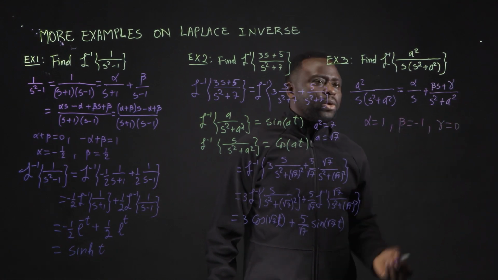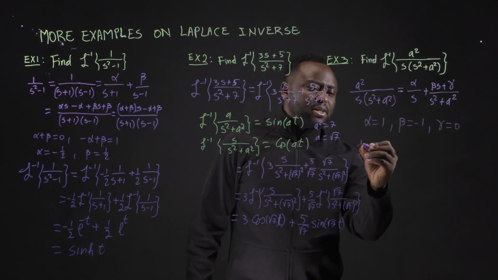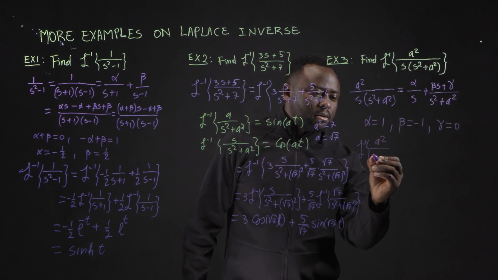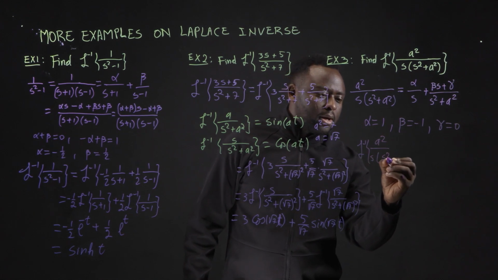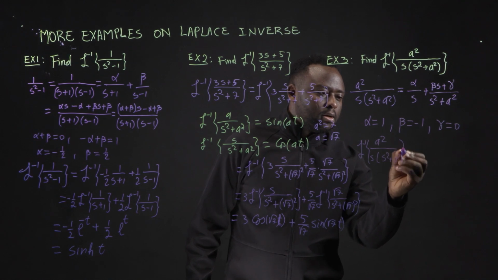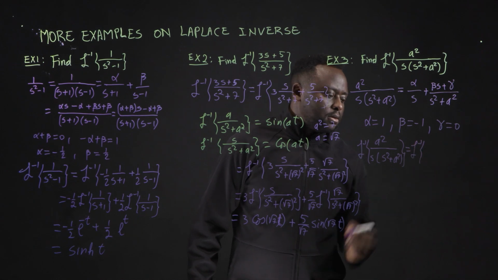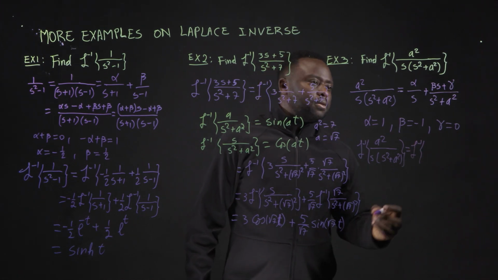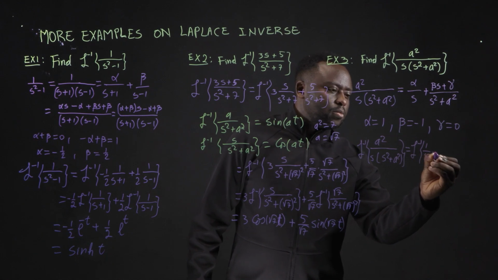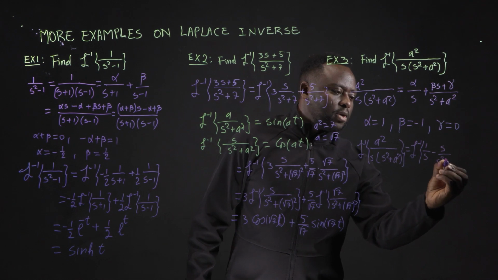So the Laplace inverse of the fraction a squared over s times s squared plus a squared is the Laplace inverse of 1 over s minus s over s squared plus a squared.